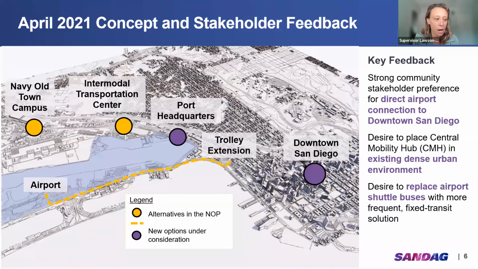With that frame in mind, I'm wondering why not Old Town? There's a train that stops at Old Town, which is convenient for people coming from the north. But right now there's no Amtrak or Coaster that goes to the port or to the Middletown trolley station. So why aren't we looking at the Old Town station as a place where the people mover would stop? Production, can I get slide 8, please?